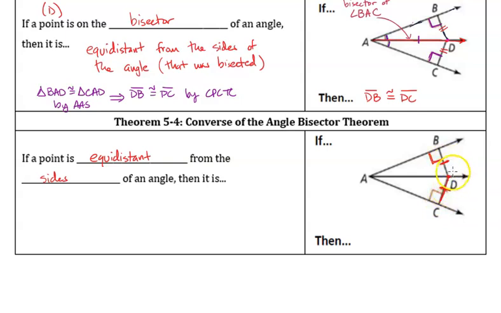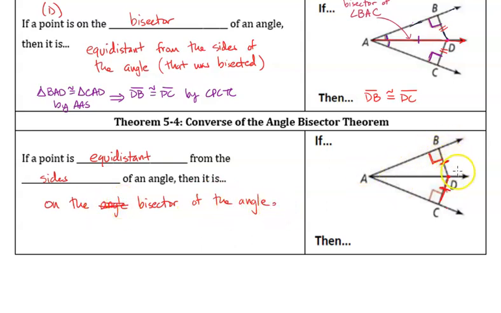So D is equidistant from this side of angle BAC and this side of angle BAC. It's equidistant from the two sides of angle BAC. Then we know it is on the angle bisector, or on the bisector of the angle. That's a little repetitive, but you get the idea. You could probably just say it's on the bisector of the angle.